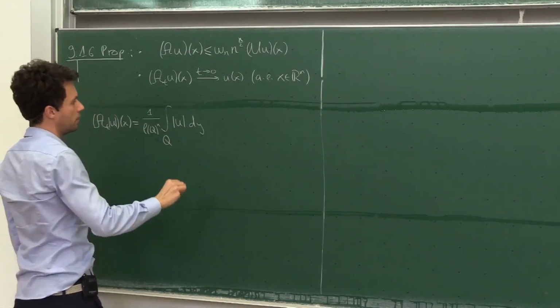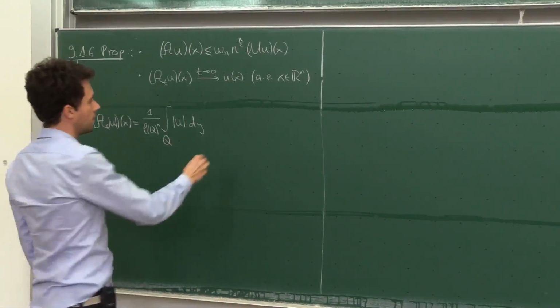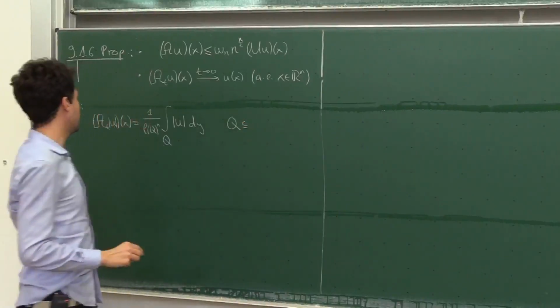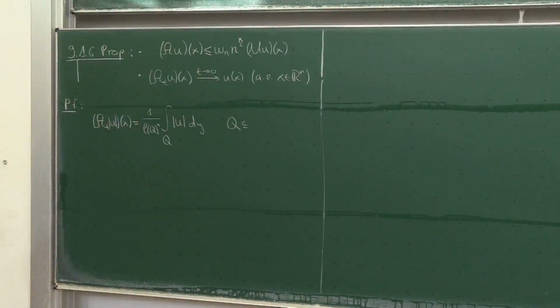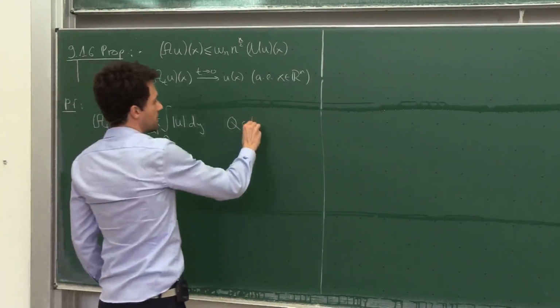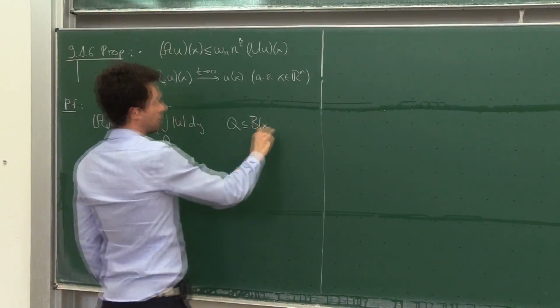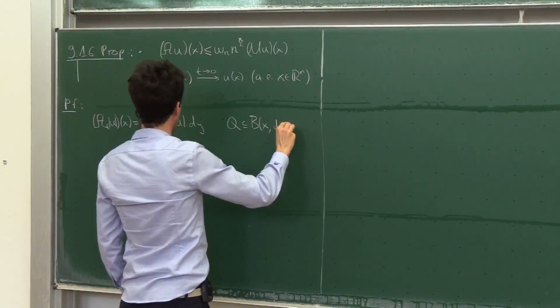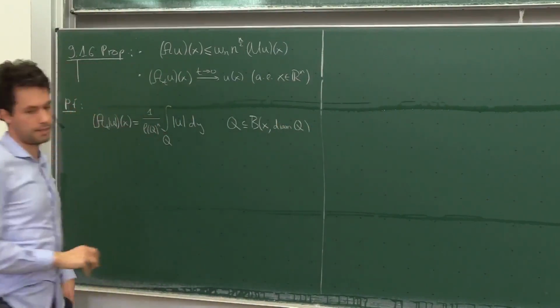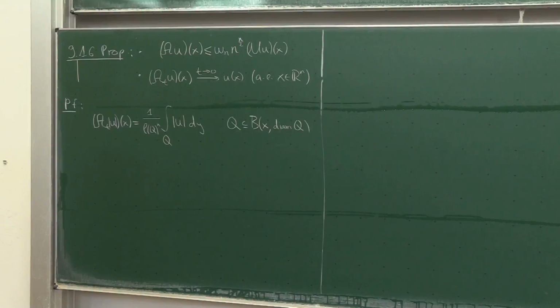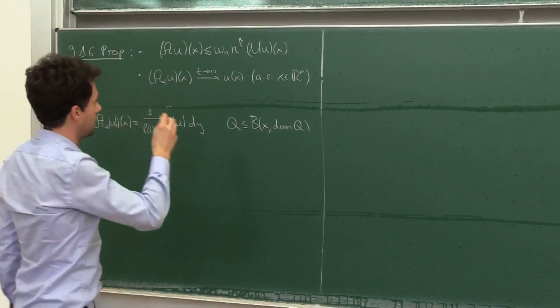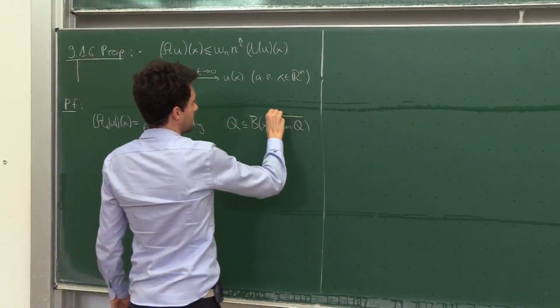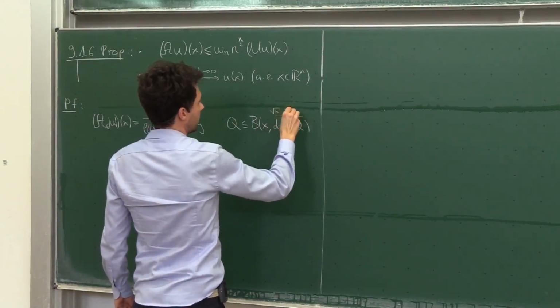What is this cube? Q is the unique dyadic cube of scale t that contains x. So Q is going to be a subset of the open ball centered at x with the diameter of Q as the radius. You just pack the cube into a massive ball with the largest possible radius that you need. And this diameter is square root of n times the length of Q.